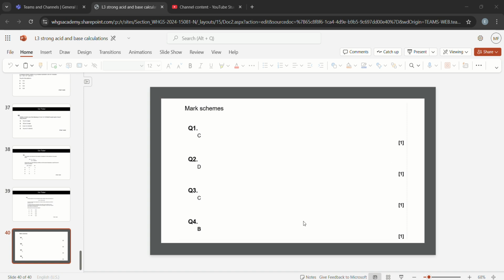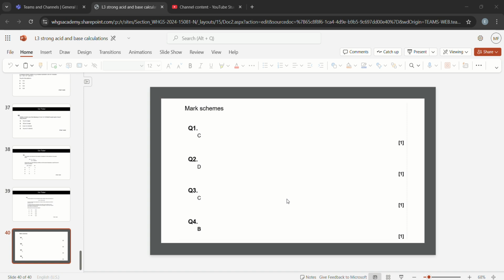And what will happen to the pH? Well, remember this: the smaller the concentration of H plus ions, the bigger the pH. The smaller the pH, the bigger the concentration of H plus ions. Therefore, pH is not going to be times 1/4, because that would mean the pH is smaller and the concentration of H plus ions bigger.